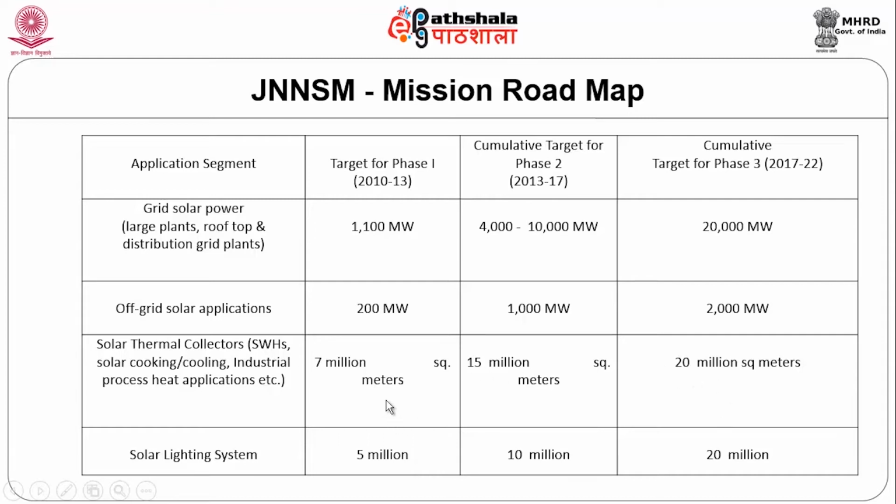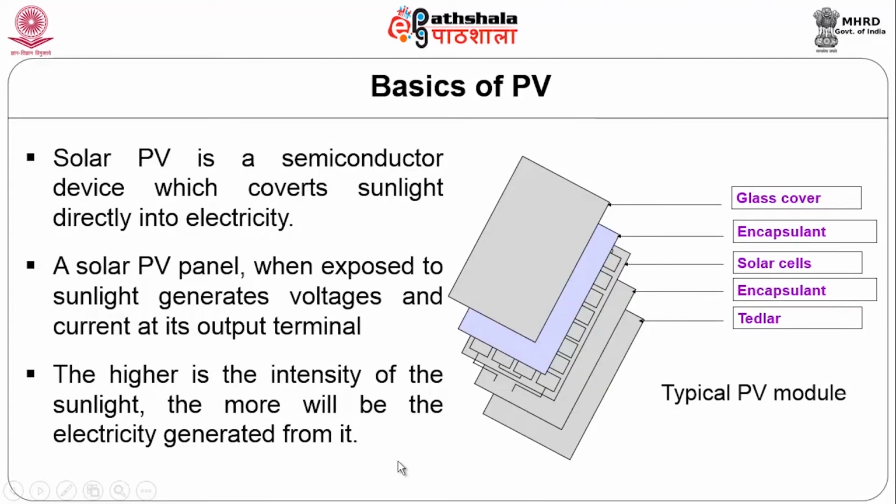So 50% of this we have achieved already. And for solar lighting systems, 5 million was targeted up to 13, then 10 million from 2013 to 17, and till 22 it is about 20 million, and over 50% has been achieved already in the country. And that is about the solar energy scenario in the country.